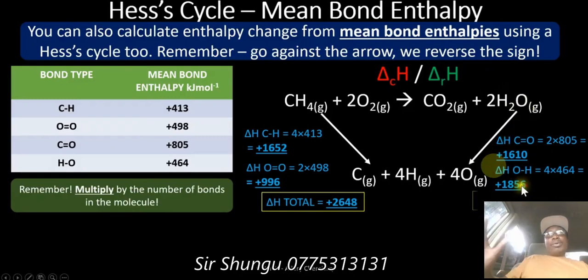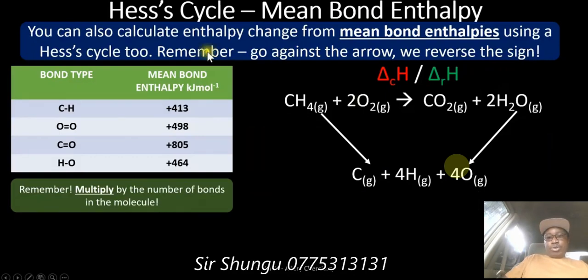So here our reasoning is, we are breaking these compounds into their constituent elements. This is how we linked this. This is similar to the Hess cycle we saw for what? For combustion enthalpies.